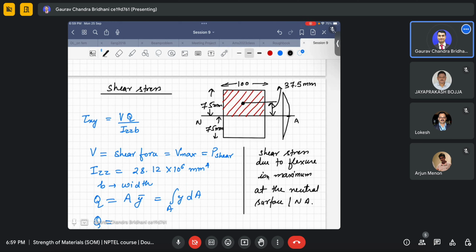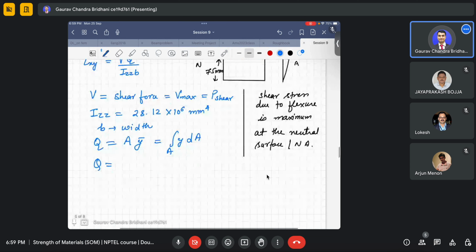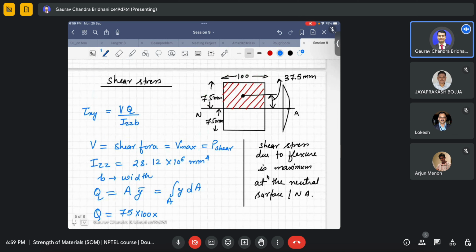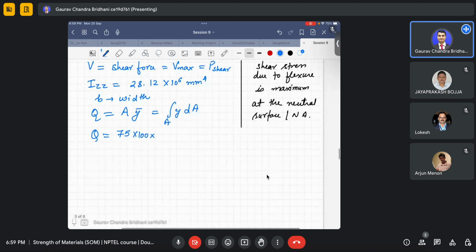So Q is 75 into 100, and into y bar. The y bar I just found from the neutral surface: what is the distance of the centroid of the shaded area? That is 37.5. So this will give me some value.